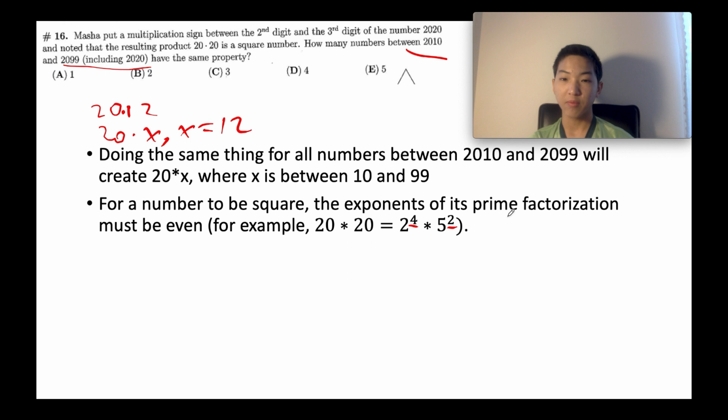So in this case, the prime factorization of 20 is 2 squared times 5. Thus, x must equal 5 times a square number in order to make it so that 20 times x is a perfect square. Because having 5 turns the exponent from 5^1 to 5^2, which will make it squared.